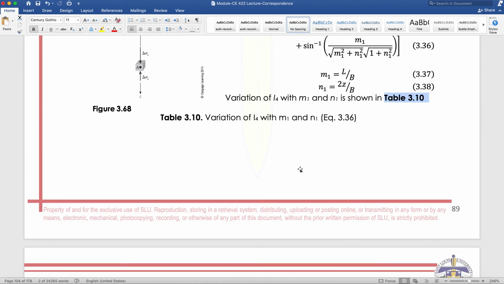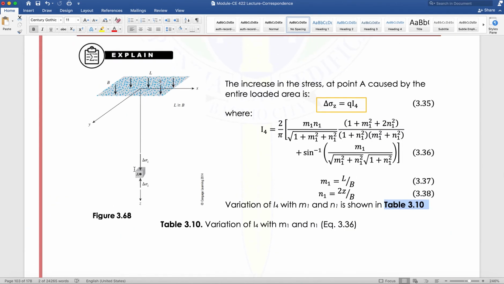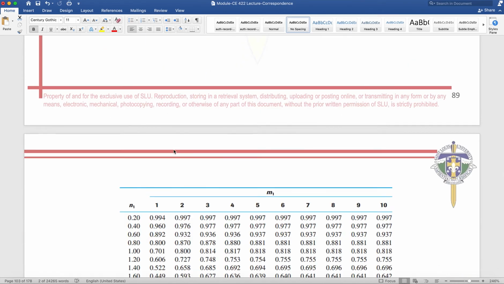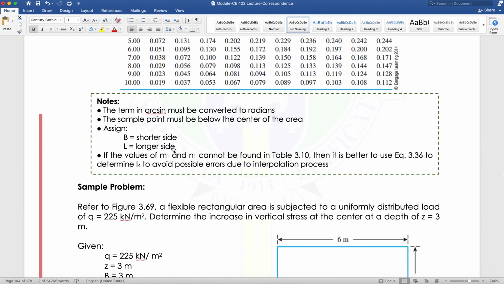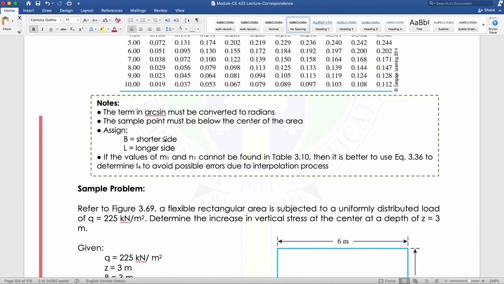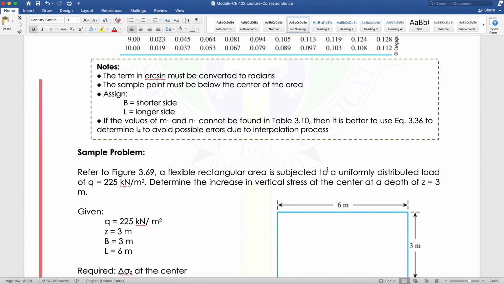Now, this equation can only be used if the sample that we are trying to determine, the delta sigma Z, is below the center of the rectangular load. And B is the shorter side and L is the longer side. If the values of M and N cannot be found in the table, then it is better to use the equation so as to avoid possible errors due to interpolation.